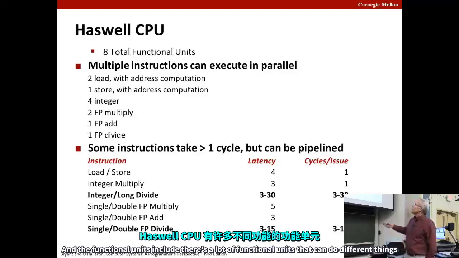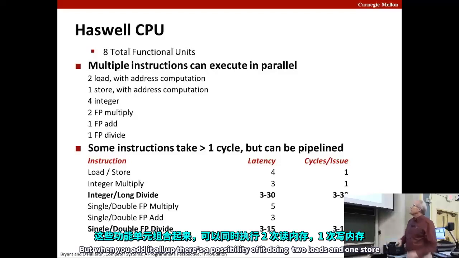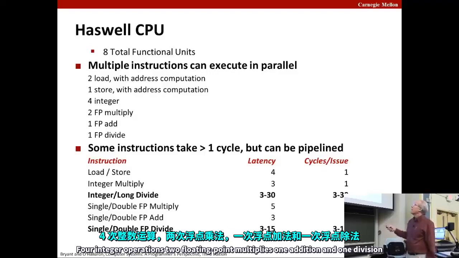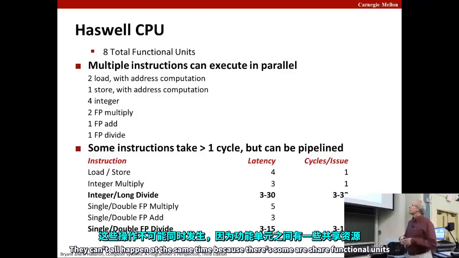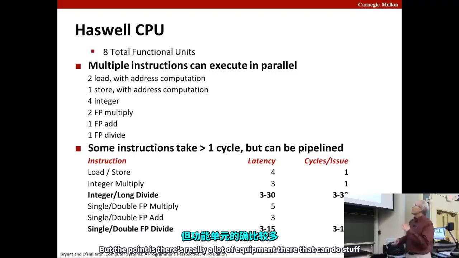There are a lot of functional units that can do different things, but when you add it all up, there's a possibility of it doing 2 loads, 1 store, 4 integer operations, 2 floating point multiplies, 1 addition, and 1 division. They can't all happen at the same time because some are shared functional units. But the point is there's really a lot of equipment there that can do stuff.